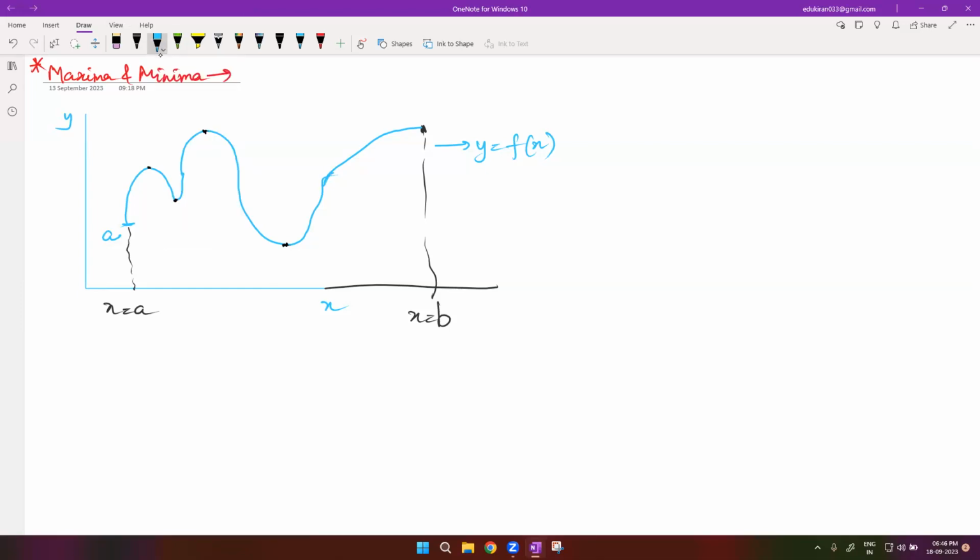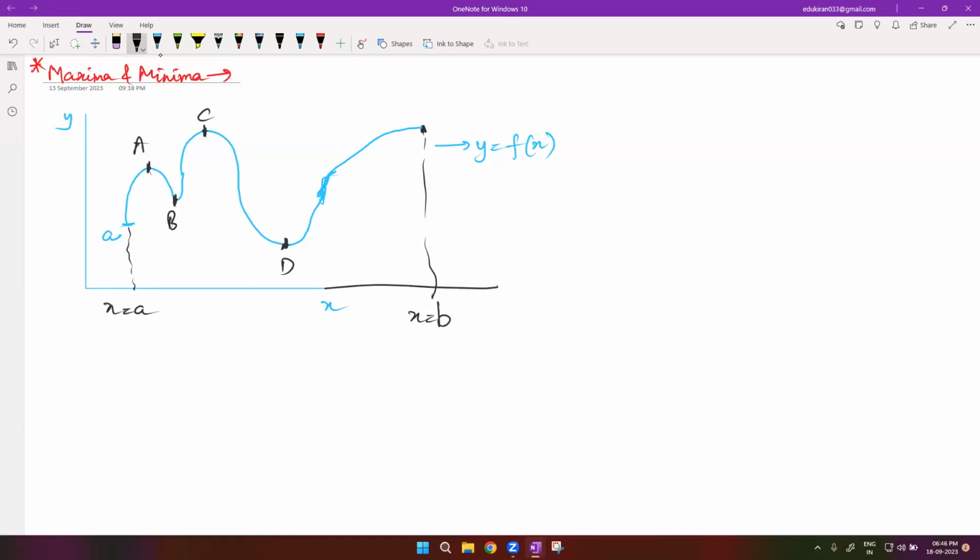This is smooth, right? Okay, so these are some points which I would like to show you. One is this, one is this, one is this, and one is this. Let's call them A, B, C, D.